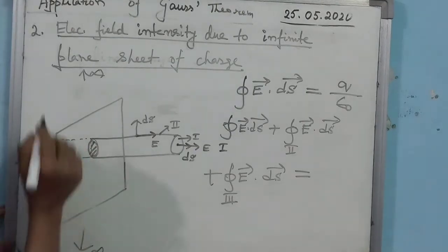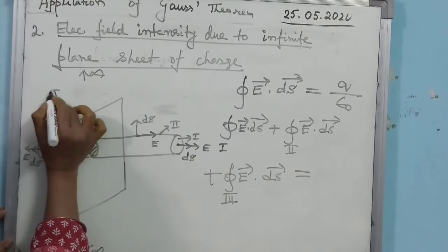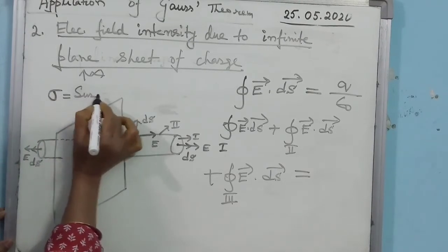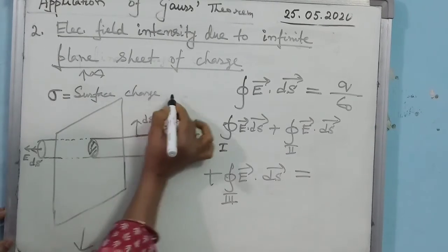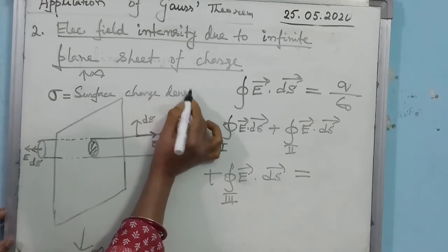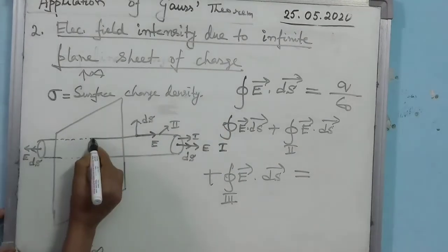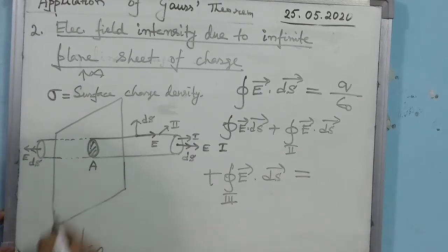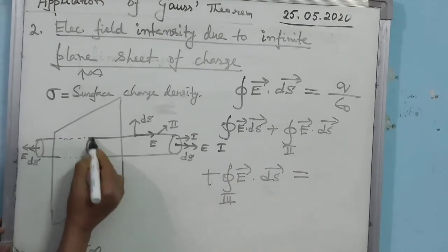Alright, so for a surface distribution of charge, we define one quantity that is known as surface charge density. Now surface charge density is what? Charge per unit area. So if I consider that this surface area is A, then you see what will be the amount of charge present in it?